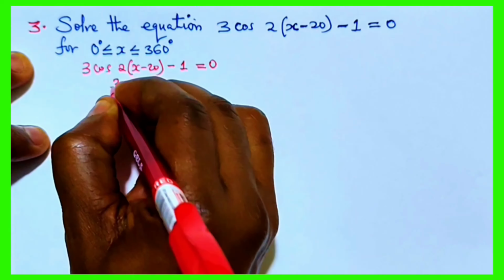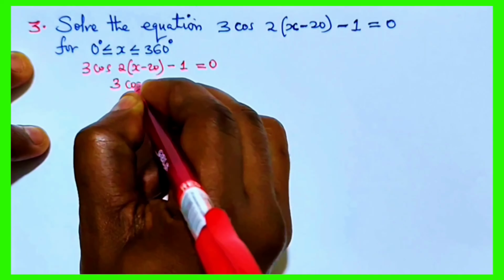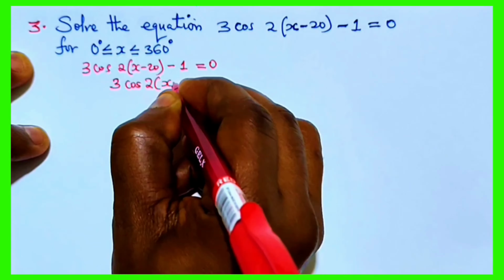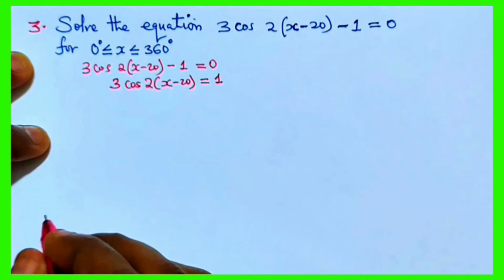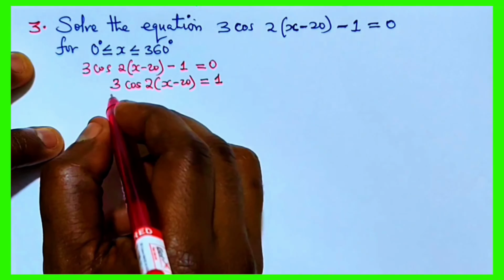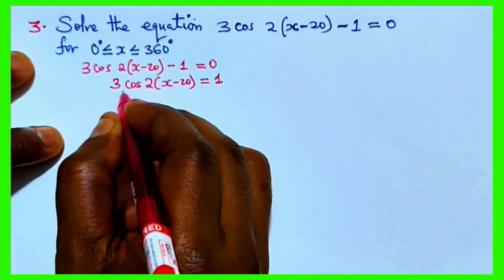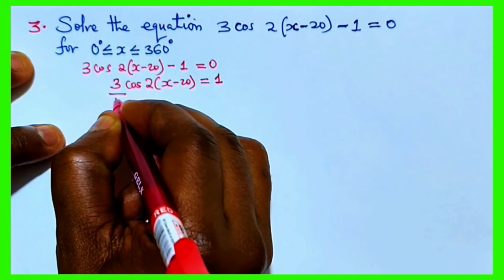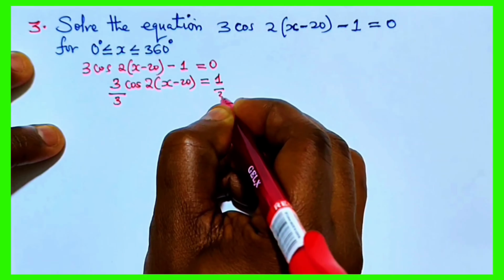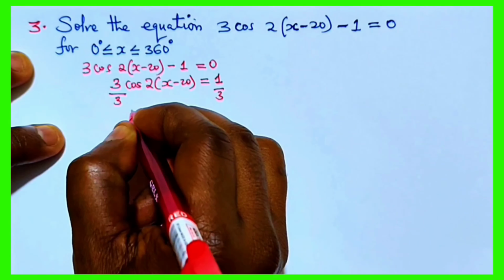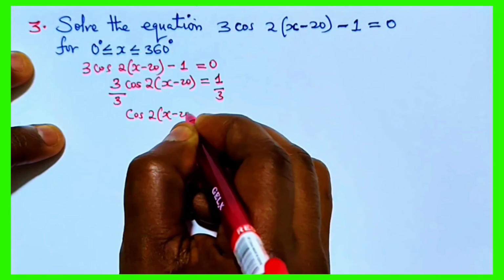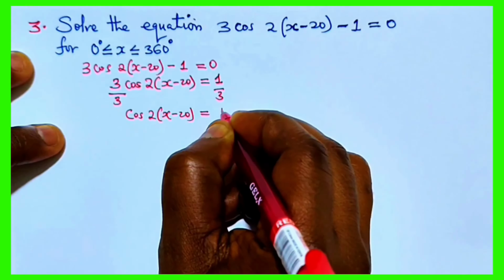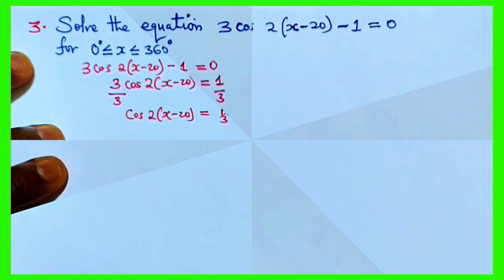So we end up having 3 cos 2 into x minus 20 to be equal to 1. And then the next step is to get rid of the coefficient here by dividing by 3 on both sides. So we end up having cos 2 into x minus 20 to be equal to a third.